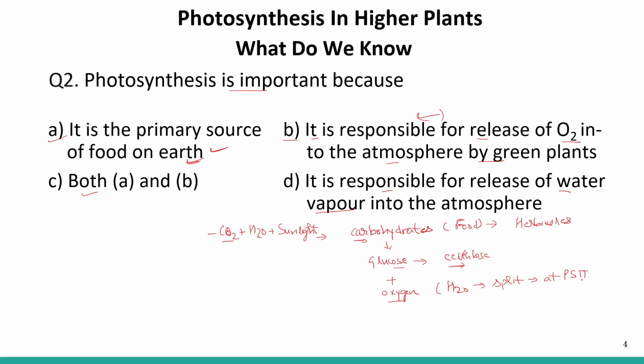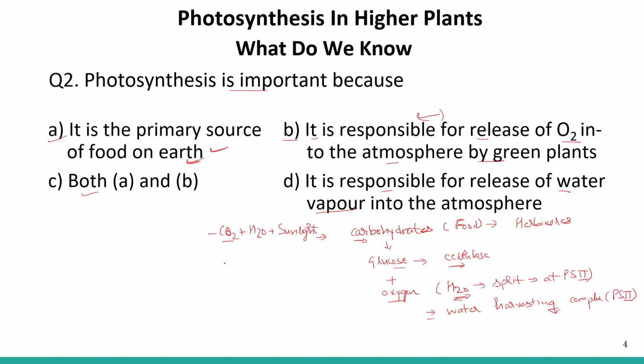At photosystem 2, the water harvesting complex is present. That's why oxygen evolution is related to photosystem 2, which happens due to the splitting of the water molecule, and oxygen is released in the process.